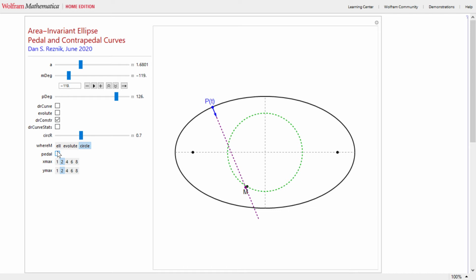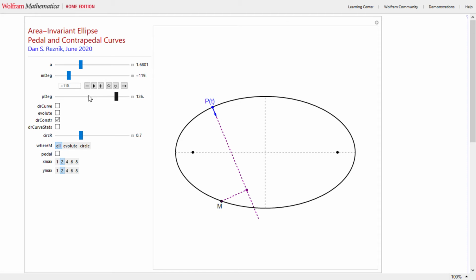Now the contrapedal curve, let's place M back on the ellipse so we can see this again. M in general can be anywhere on the plane, right? The contrapedal curve is the locus of feet of perpendicular, not dropped from the tangent passing through P of t, but dropped from M onto the extension of the normal at P of t.